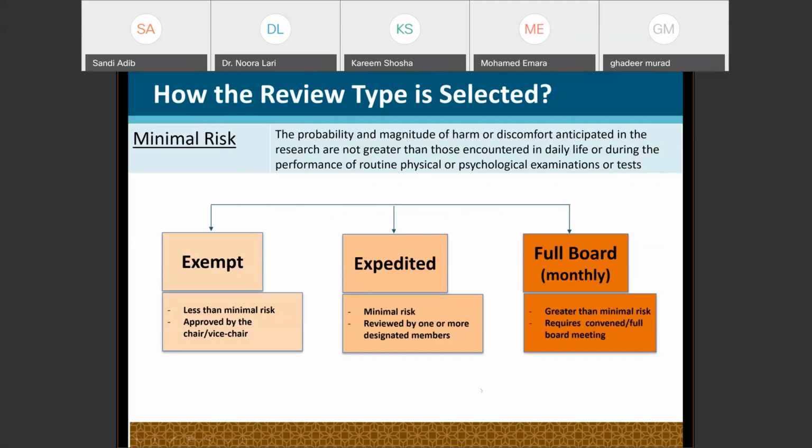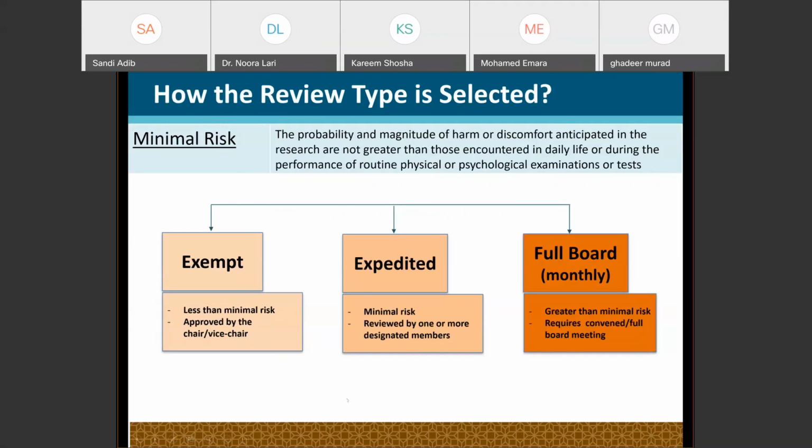The full board review procedure is the most lengthy one. Usually full boards are conducted monthly, unless there is a need to conduct more than one per month.